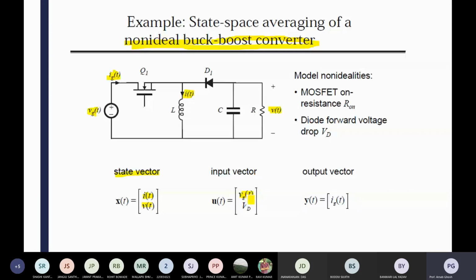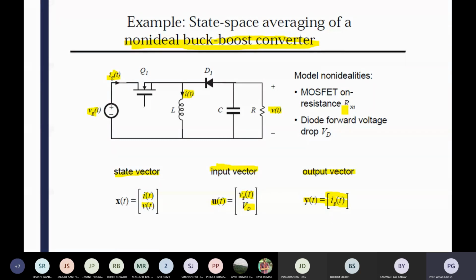Vg and Vd are the input vectors. Then the output vector is y(t), which is ig, your input current. So the output parameter depends upon your input current.